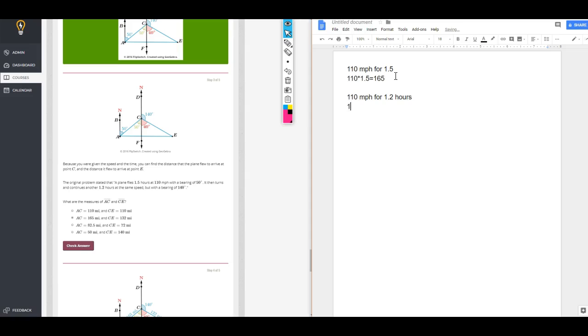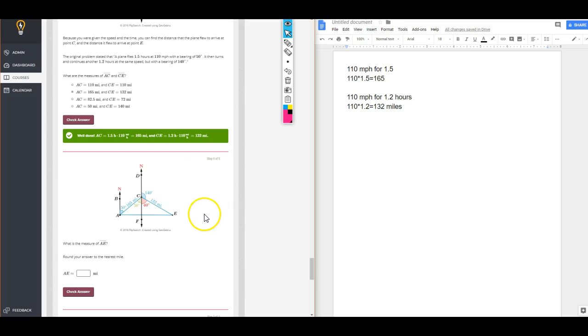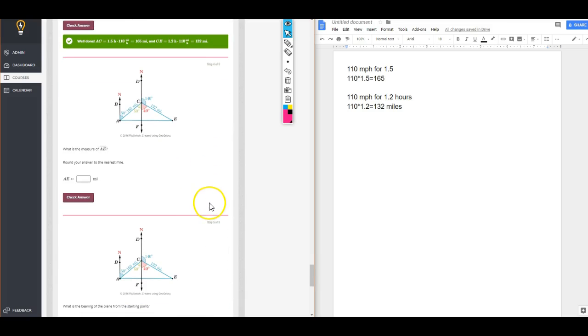So we would have 110 times 1.2, and that's going to give us 132 miles, which is correct.